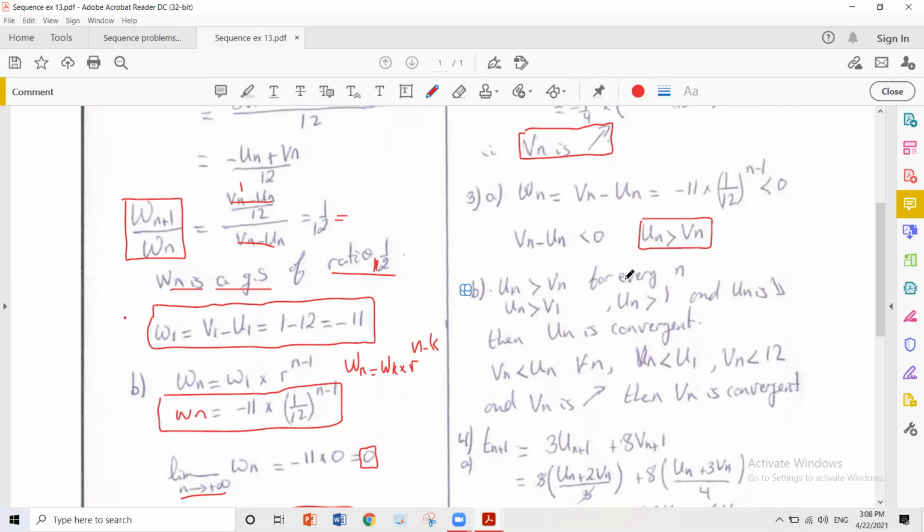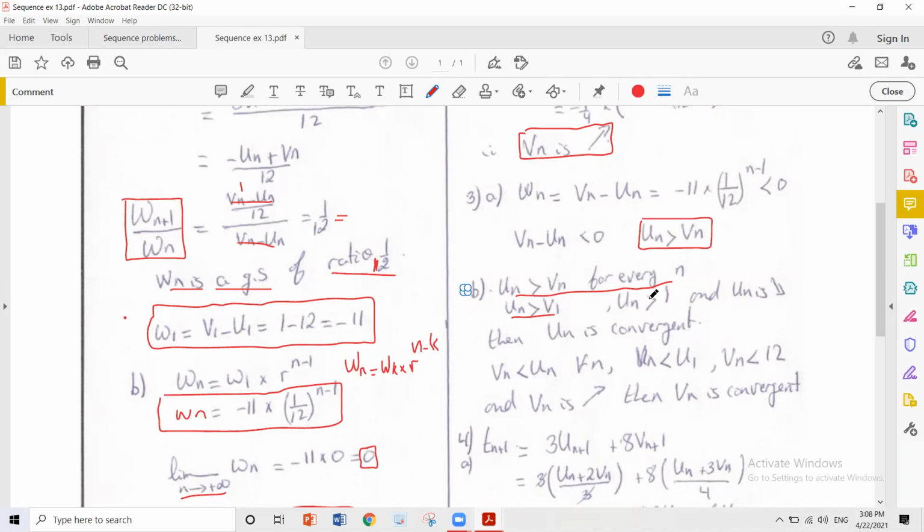So un is greater than vn for every n, which means un is greater than v1, the first term.